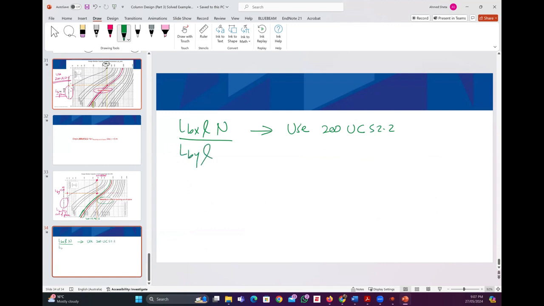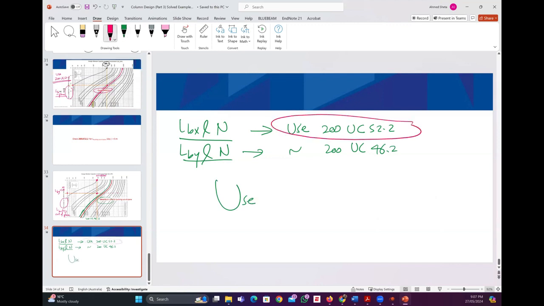For LBY and N, we will use 200 UC 46.2. So which section to use for the column? The biggest one. Which one is bigger? 52.2. So what section will be used for the column? 200 UC 52.2.